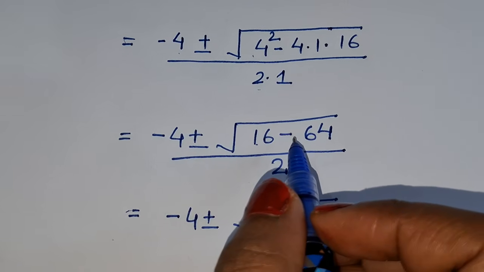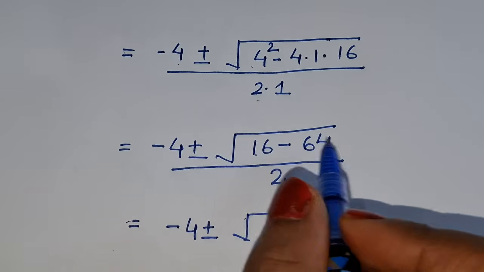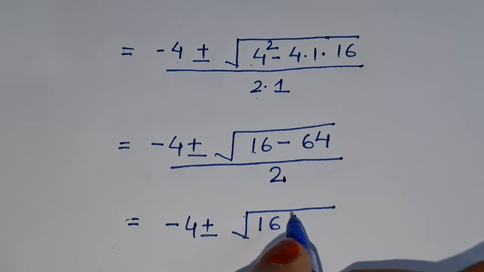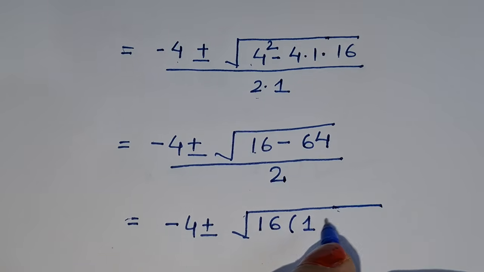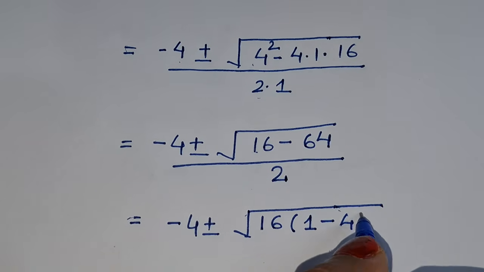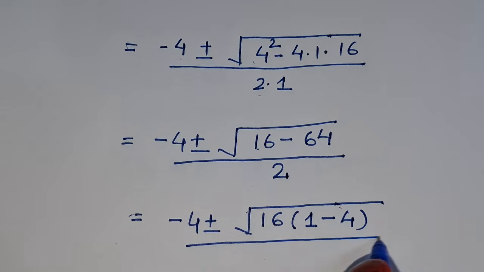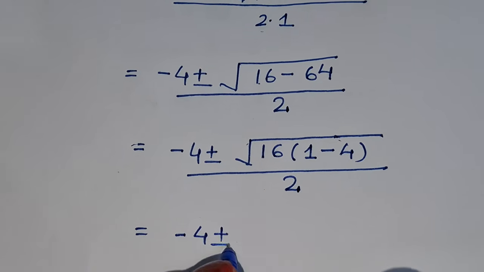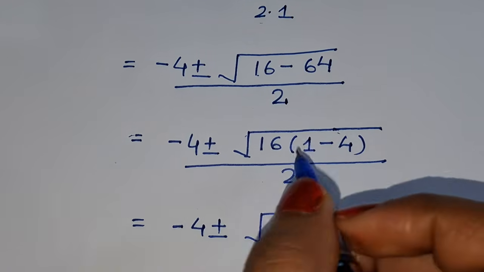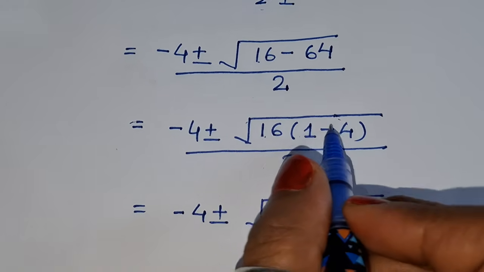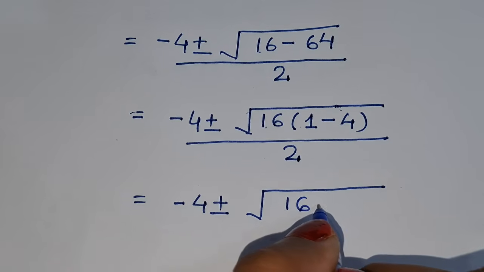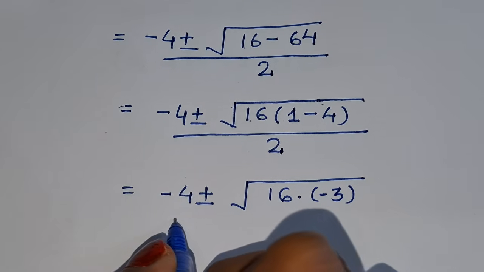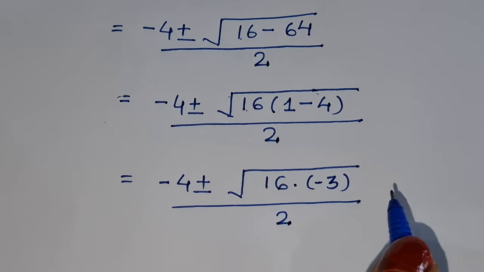Here we can do one thing: 16 and 64, right? So we can take 16 common here. It will become 1 minus 4, so a is equal to minus 4 plus minus square root of 16 times 1 minus 4, which is minus 3, divided by 2.